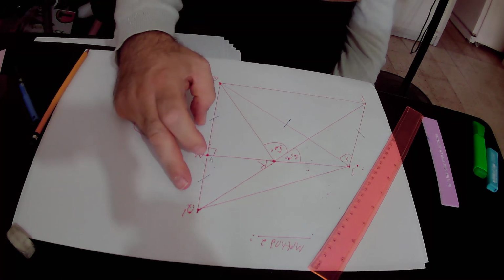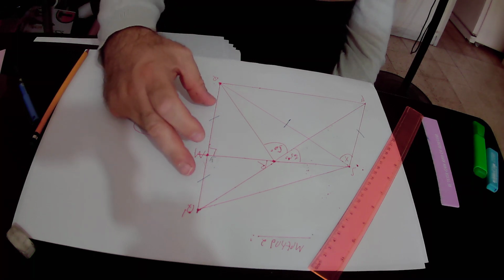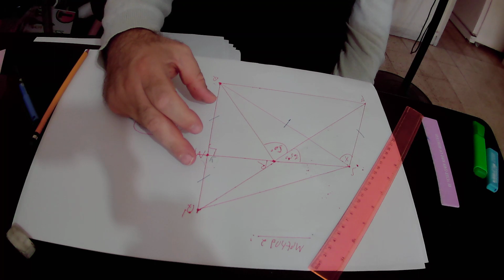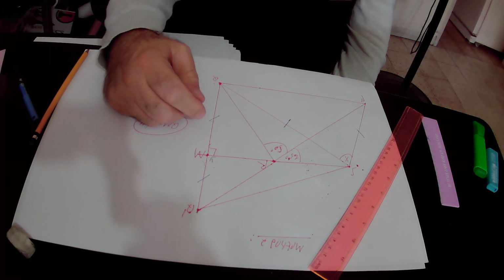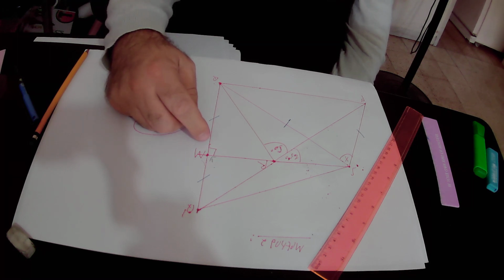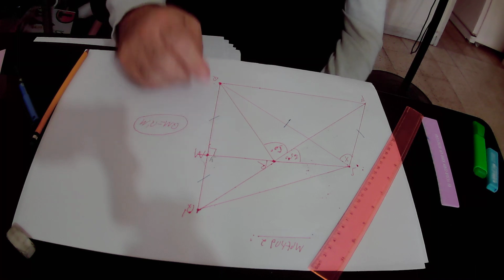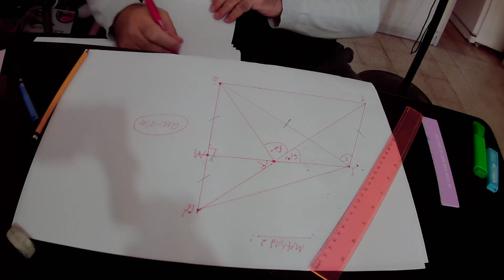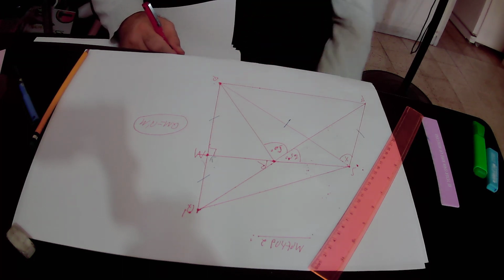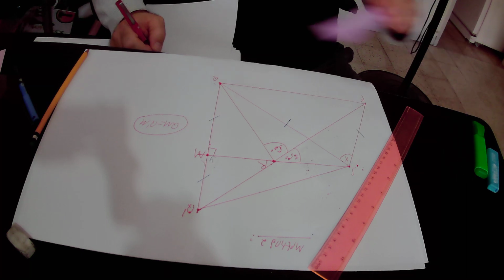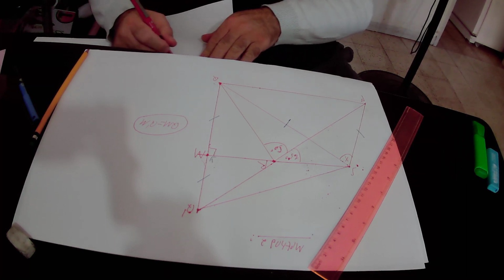Therefore, the sum of the angles at any point on a straight line must equal 180 degrees, and especially at point M. So if we focus on point M, along the straight line Q dash, the sum of the angles at point M equals 180 degrees.